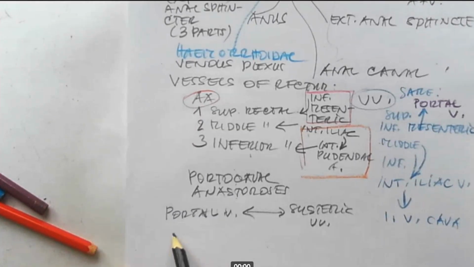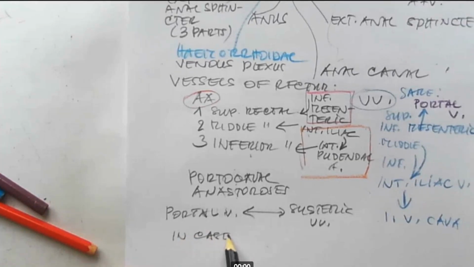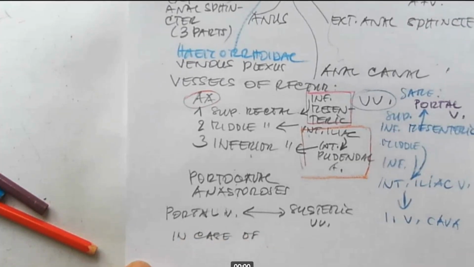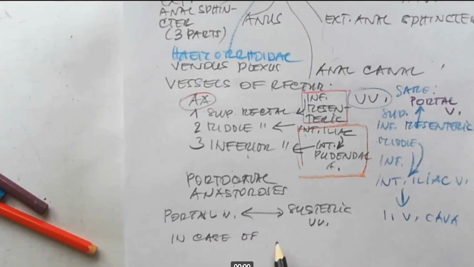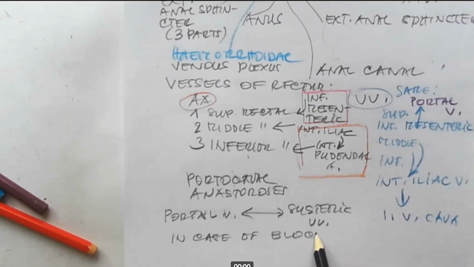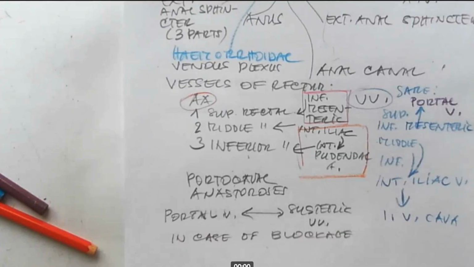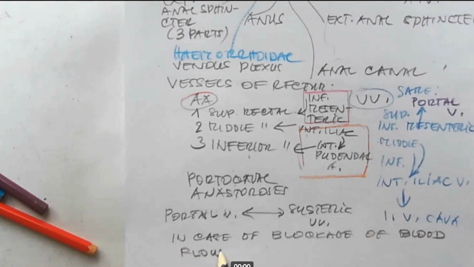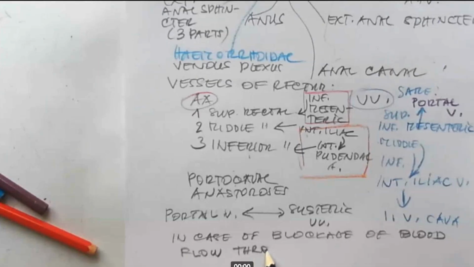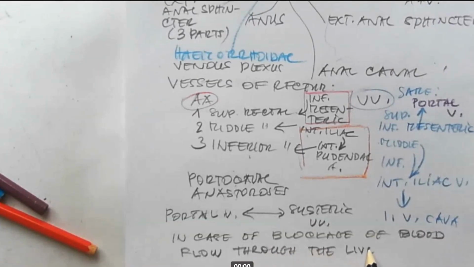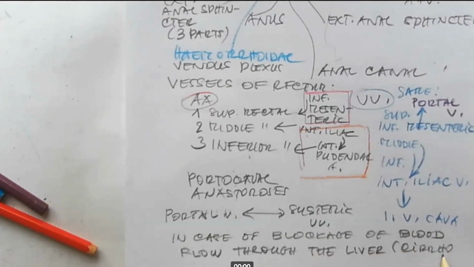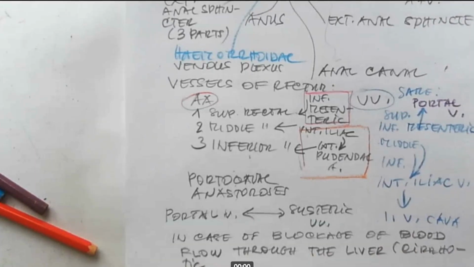So, repeating, in case of reduced flow of blood through the liver, or even blockage of blood flow through the liver, we know why, because there are changes, we call it cirrhotic liver.